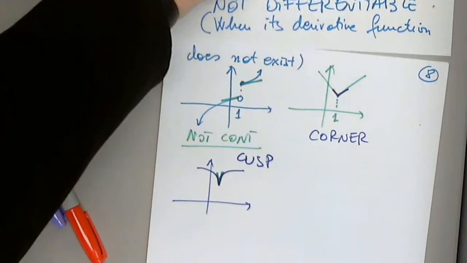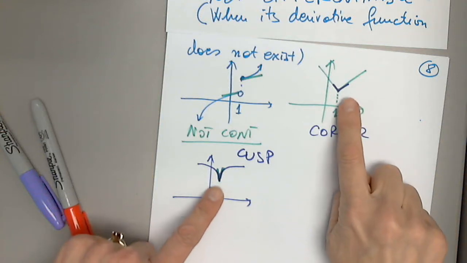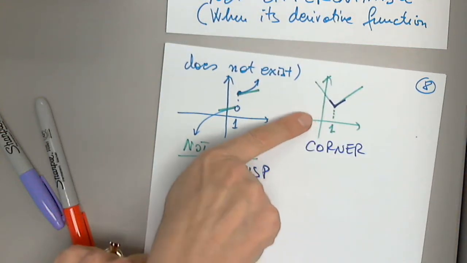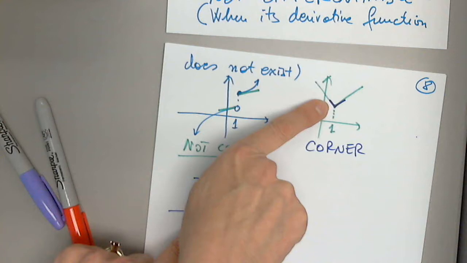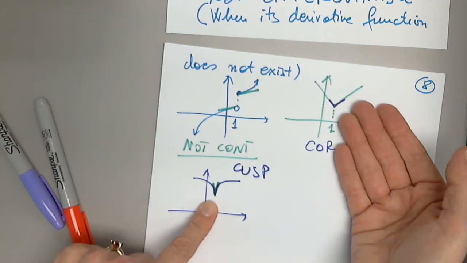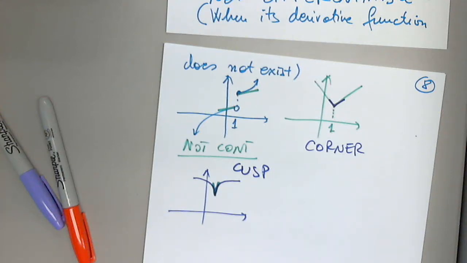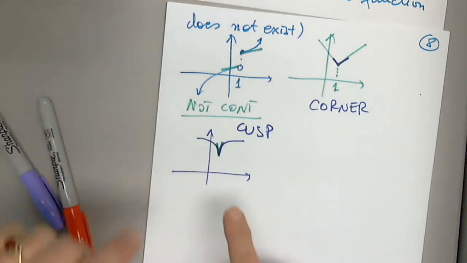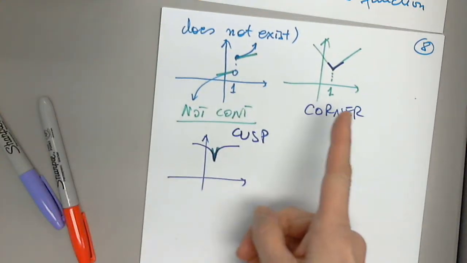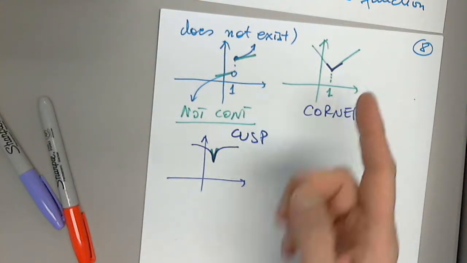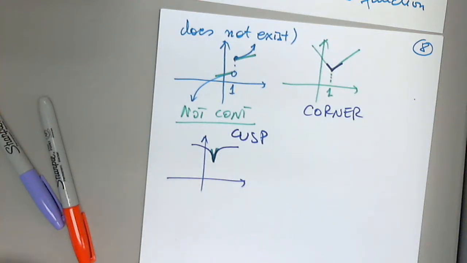That's the situation here and here. As h approaches 0 from this side, we get a negative number. As h approaches 0 from this side, we get a positive number. So the limit as h approaches 0 from either side does not exist. So if the function is not continuous, if the function has a corner, even if it's continuous, or a cusp, the function is not differentiable.